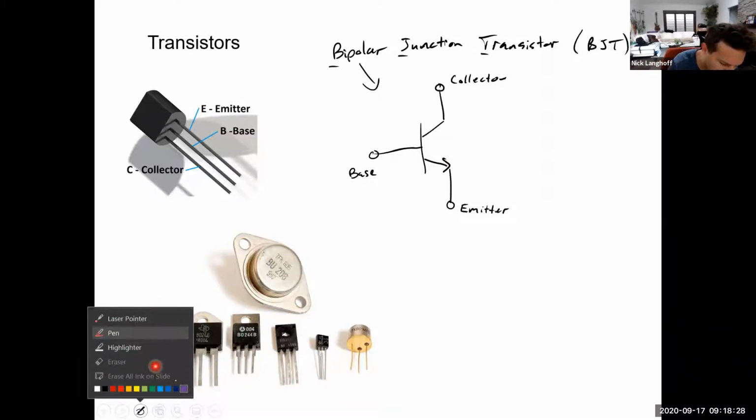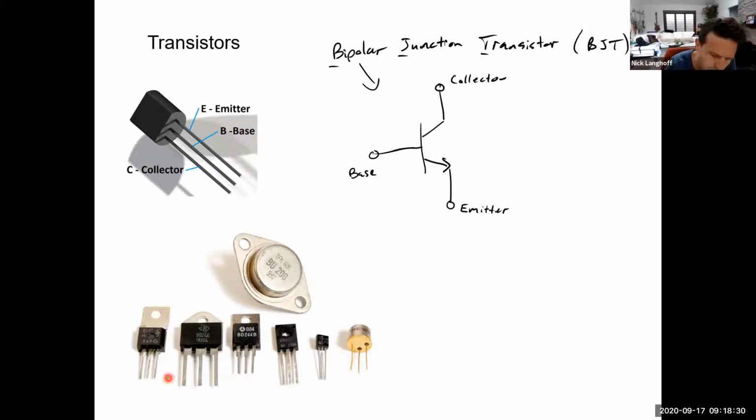Now, with this device there are always 3 currents that come in and out of the device. There's the base current, IB, the collector current, IC, and the emitter current, IE.